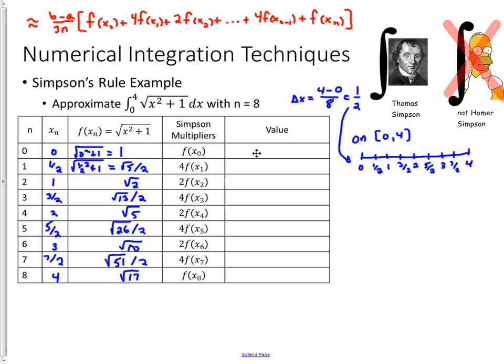So if we take these one by one, of course, our values look like 1 times the square root of 1, 2 times the square root of 5, pardon me, 2 times the square root of 2, 2 times the square root of 13, 2 times the square root of 5, 2 times the square root of 26, kind of interesting it's turning out this way, 2 times the square root of 10, and 2 times the square root of 51, and then finally the square root of 17.